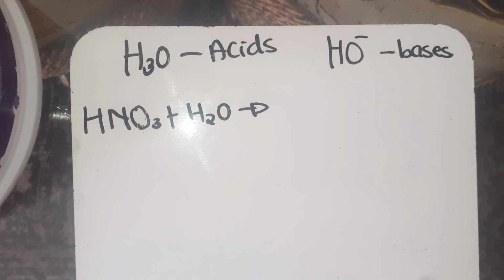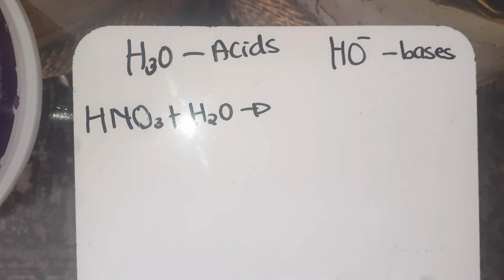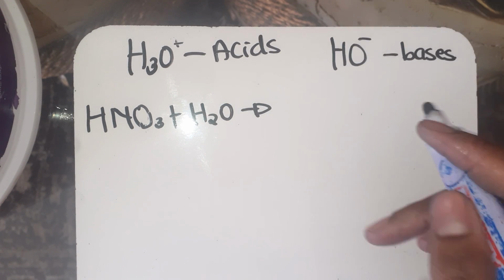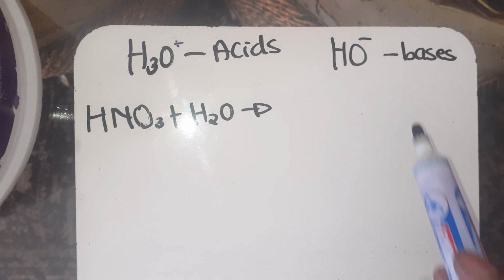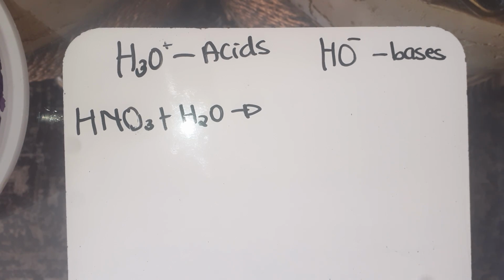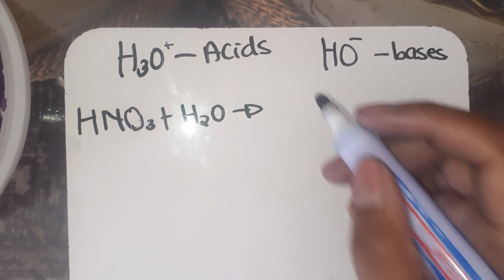All right. So when you see H3O, those are acids, and the OH with a negative on top, this is a plus, and this is a negative. This is the base, and these are acids. So we can react this with this, acids react with water, right?